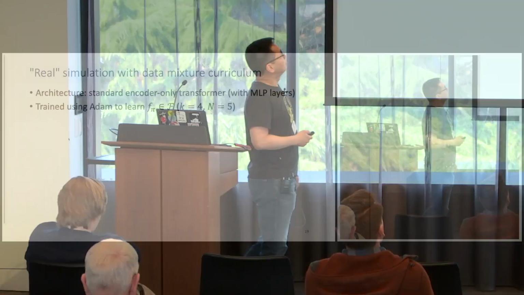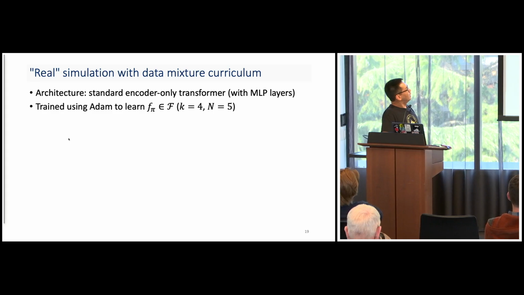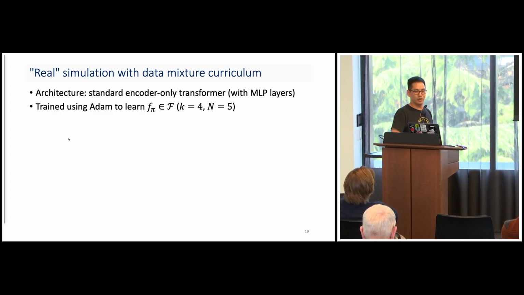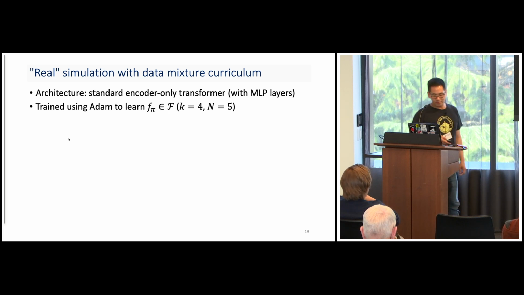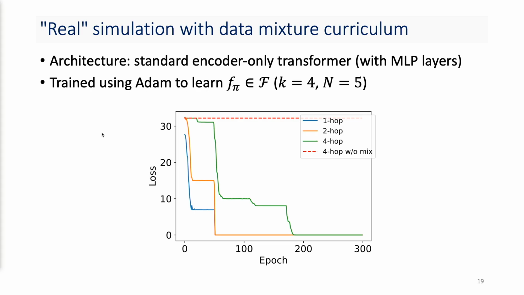Let me just show you this plot, a real simulation. What I showed you before was a fake version of gradient descent that's just easy to prove theorems about. We actually simulated this data, and we made up some natural-looking encoding of the data, and then just tried to train a realistic transformer using a real gradient descent algorithm like Adam. It's a very small toy case, but it kind of reproduces what we expect from the clean setup.